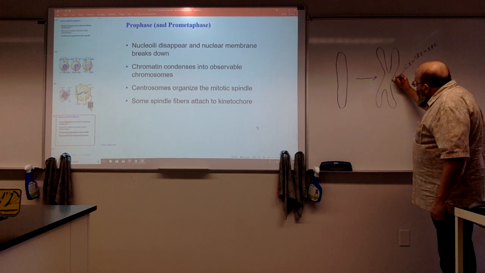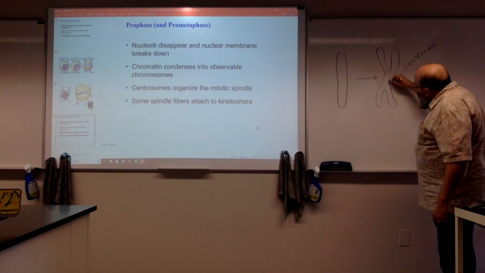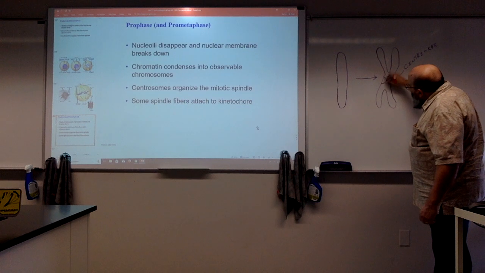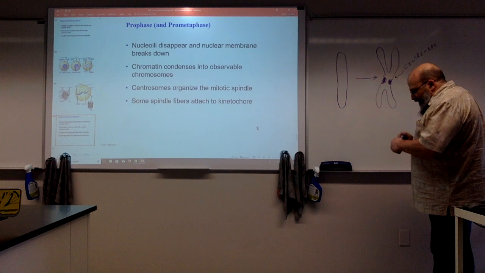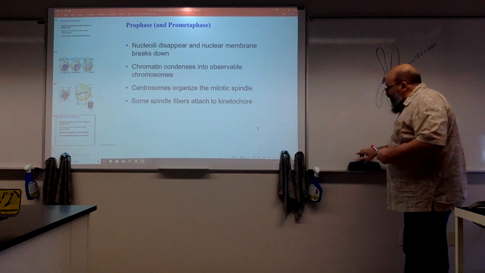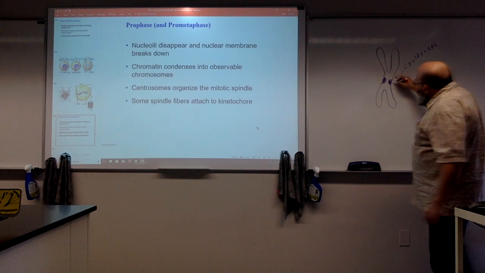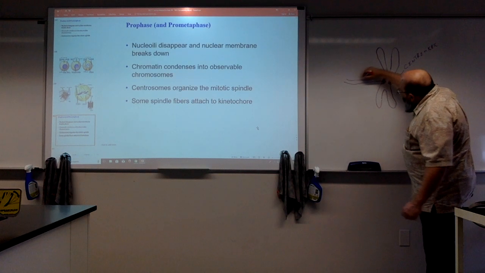So if this is a sister chromatid, I'm going to draw something right here and color it in, call that a kinetochore. And this sister chromatid has a kinetochore as well. Well, what happens with the kinetochore is some, not all, some spindle fibers will attach to the kinetochore.